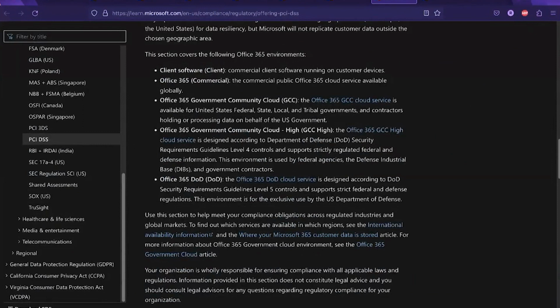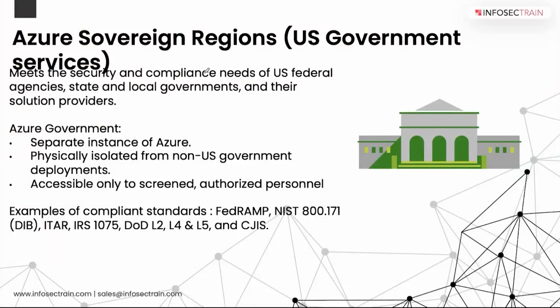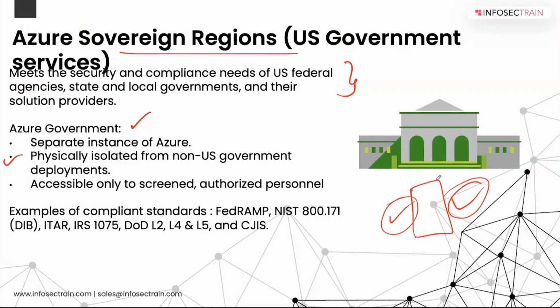Now, apart from that, one more thing you should be aware of is that Azure has some sovereign regions as well, to meet security and compliance needs in different regions. If we talk about the US government only, for US federal agencies, state and local government, and their solution providers, we have Azure Government, which is a separate instance of Azure physically isolated from non-US government deployments. This is a completely different data center and place, not your normal Azure instance.